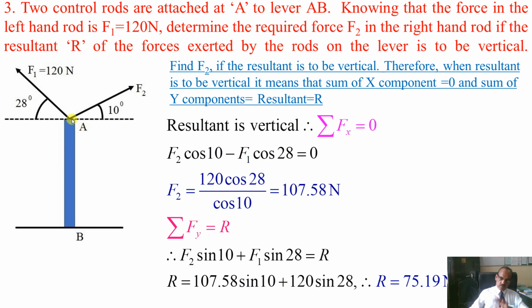So if you read the problem carefully, then only you will understand that when the resultant will act vertically upward, in that case summation of Fx must be equal to 0, because theta is tan inverse of summation of y by summation of x, and that's why tan inverse of infinity, you will get 90 degree.